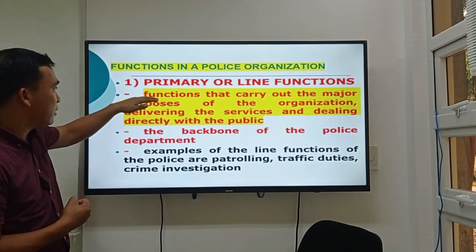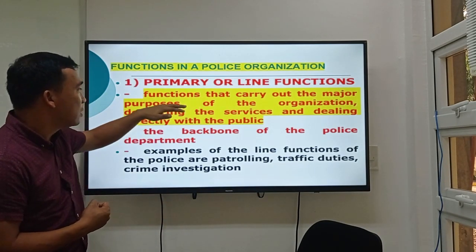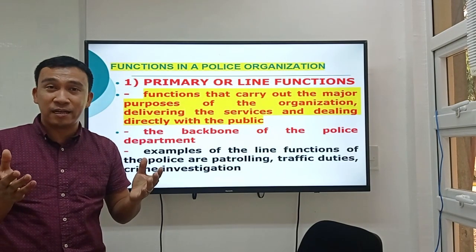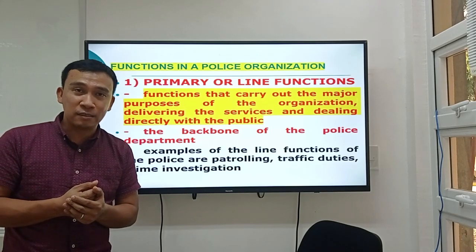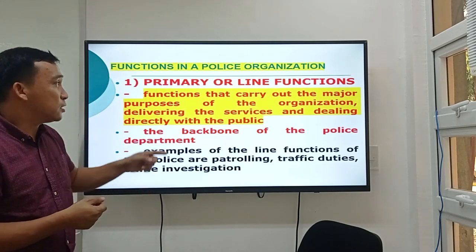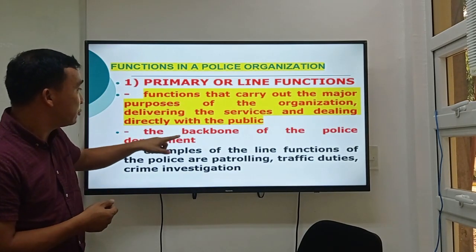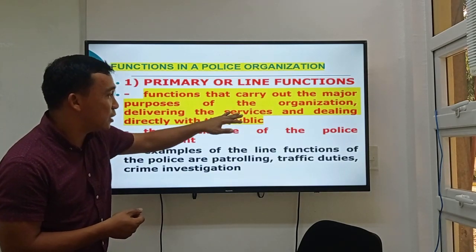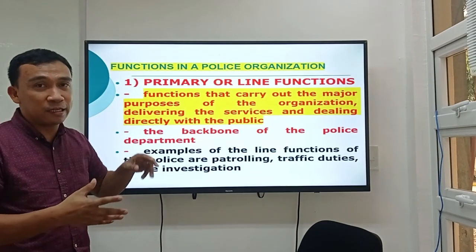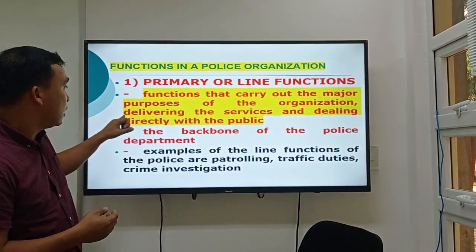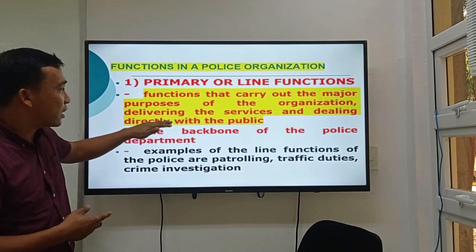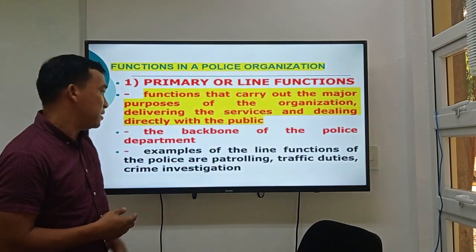These are the functions that carry out the major purposes of the organization. Kung bakit nag-e-exist ang ating police organization, it is because of their mandates na ano yun? Delivering purpose of the organization, yung 5 activities na ating na-discuss. Another, delivering the services and dealing directly with the public.